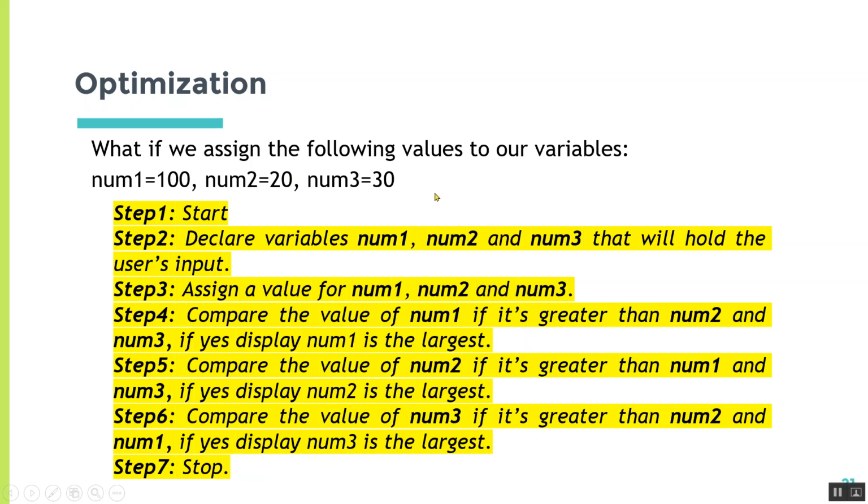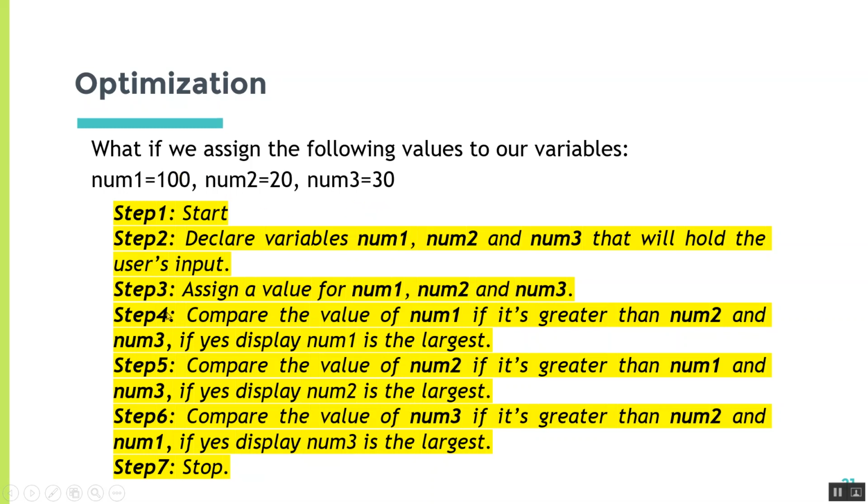Next, compare the value of num1 if it's greater than num2 and num3. Is 100 greater than num2, which is 20? Definitely yes. Is num1 greater than num3, which is 30? Definitely yes, 100 is greater than 30.